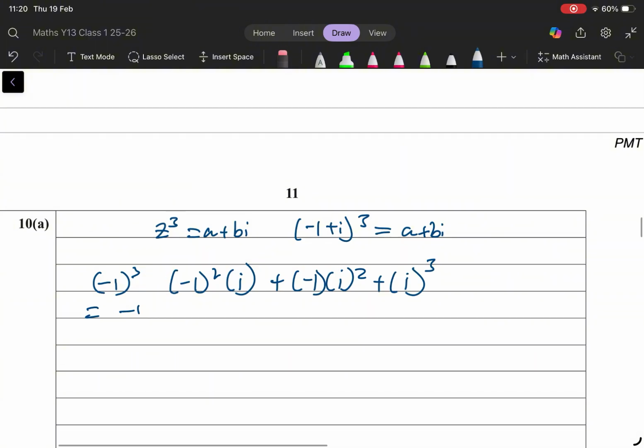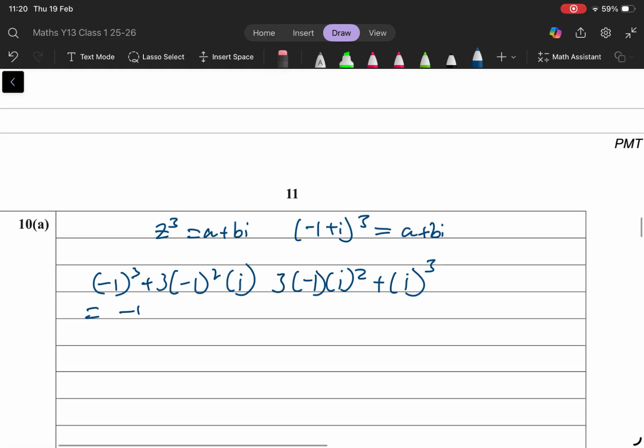That could have ended very badly, so remember Pascal's triangle needs to be the coefficients of 3 there. So this is going to be plus 3i, and then minus 1 times minus 1 is 1, plus 3, plus i, oh wait, sorry, minus i, and then you'll get this is equal to 2 plus 2i.